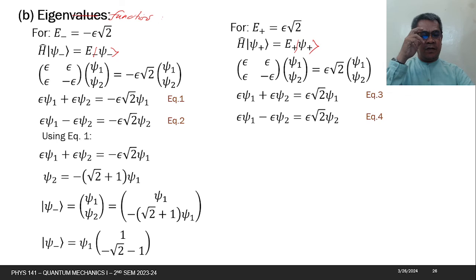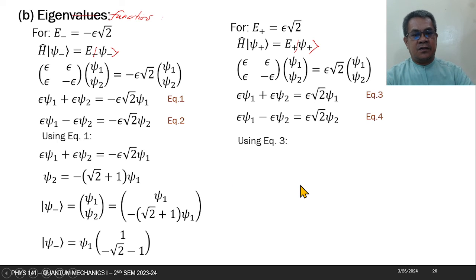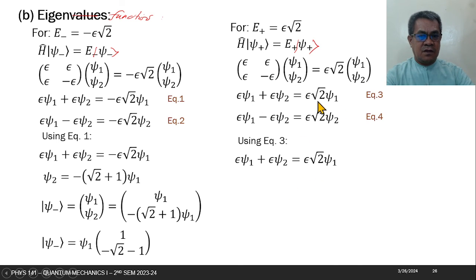Again, we can choose any of that. We rather use equation 3 to represent the psi 2 and psi 1 relationship. So we have this result, and we will solve this psi 2 in terms of psi 1. So transpose this expression to the right side, then take the common factor of psi 1. So this is now our psi 2.